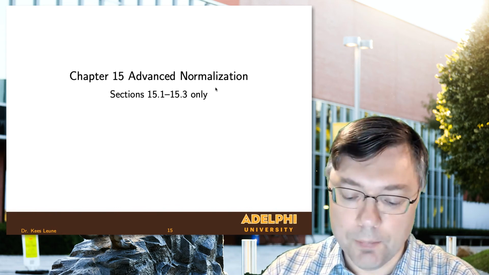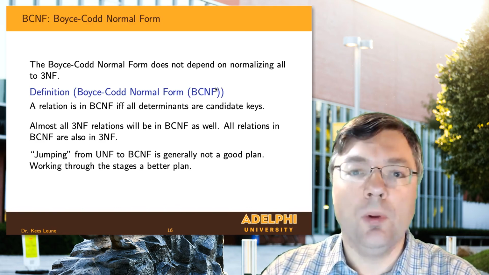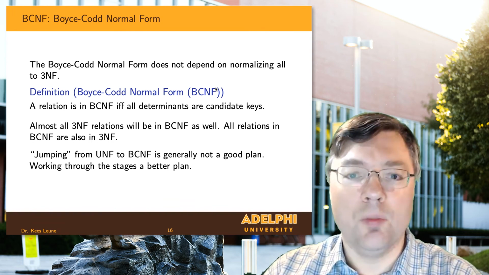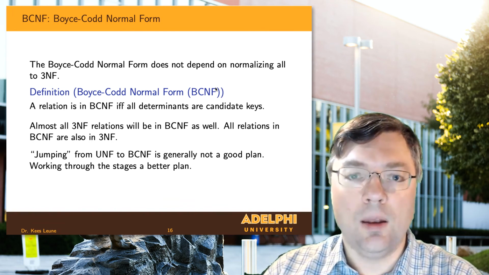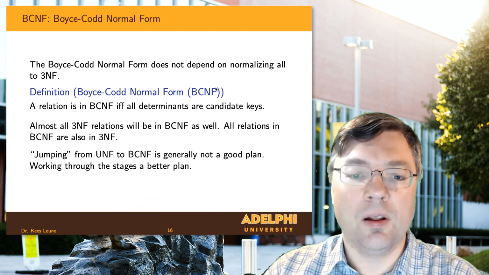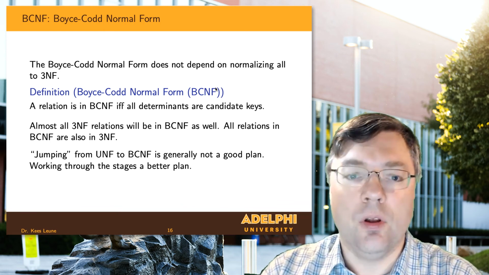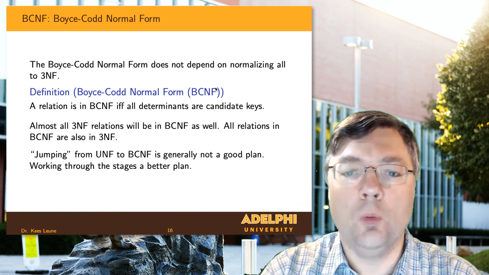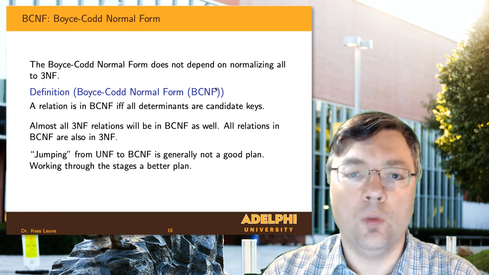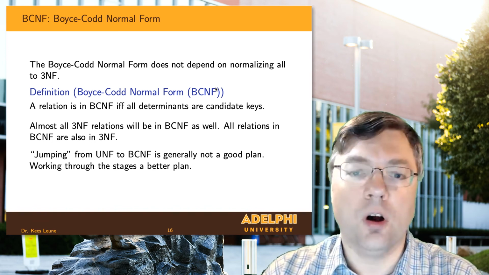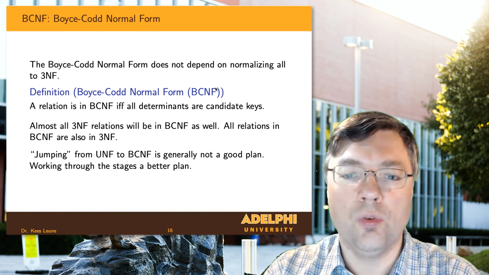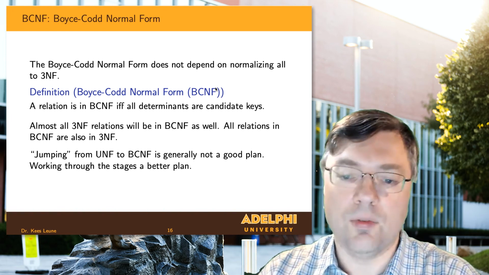And why is that? Well, Boyce-Codd normal form does not depend on any of the previous work we've done. You can go from unnormalized directly into a Boyce-Codd normal form. In practice, once you've arrived at the third normal form, in almost all situations you will also be in Boyce-Codd normal form. So it's often easier just to go from 1, 2, 3 and then check if you're in BCNF.